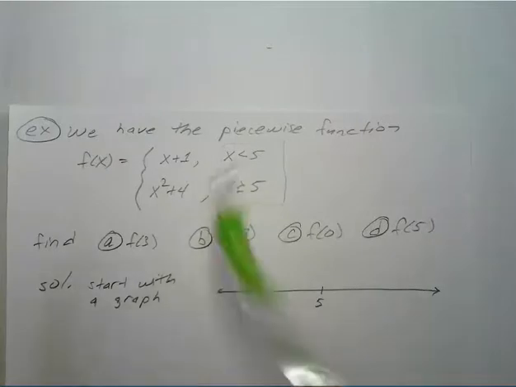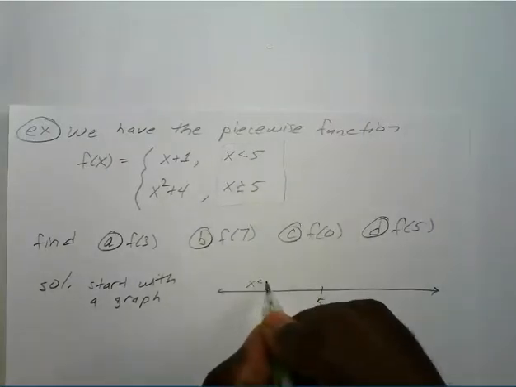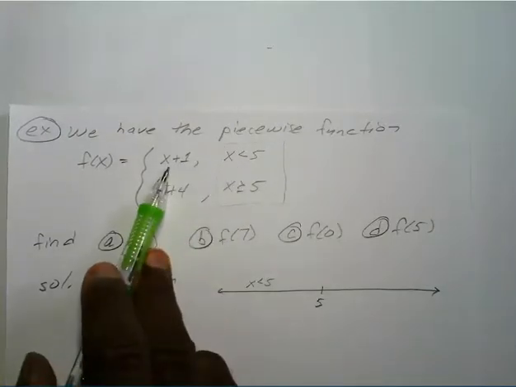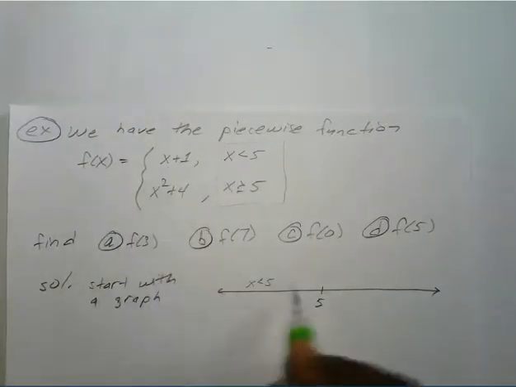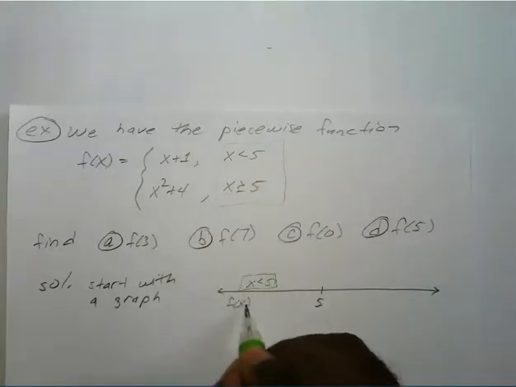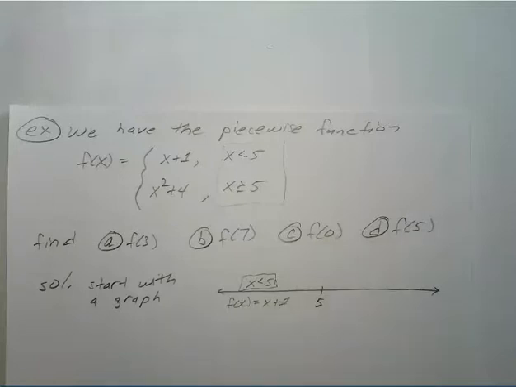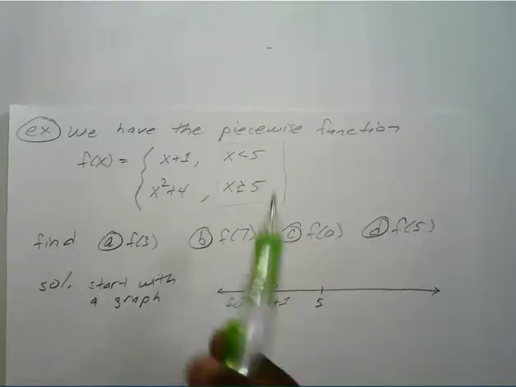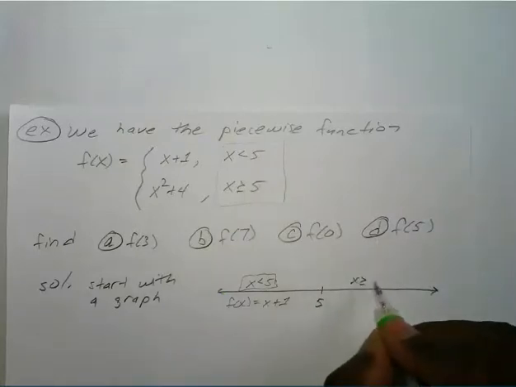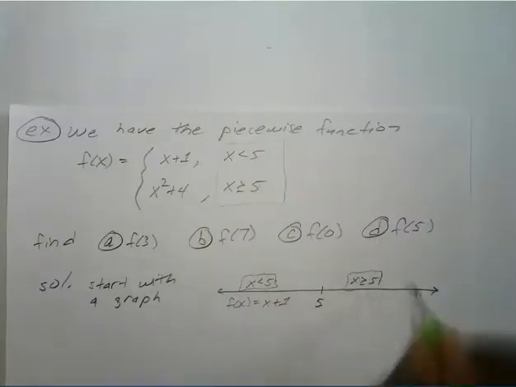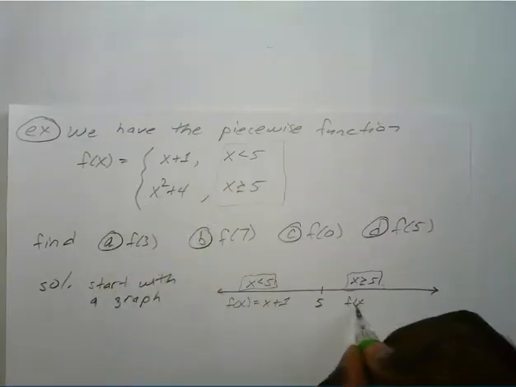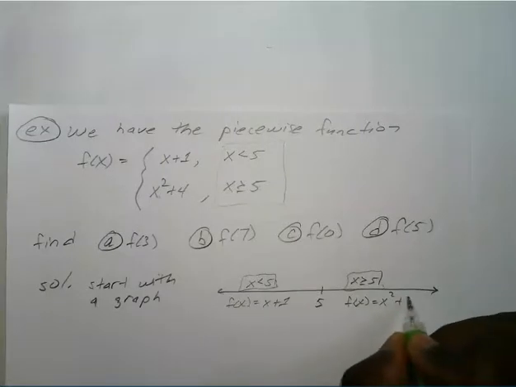Now here you have x less than 5. When x is less than 5, your f of x is x plus 1. For x greater than or equal to 5, your f of x is x squared plus 4.